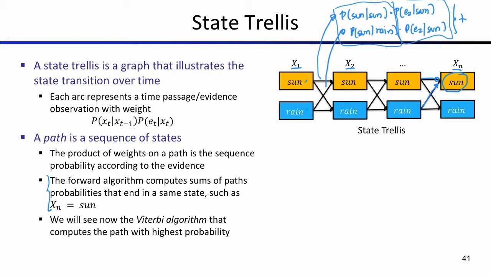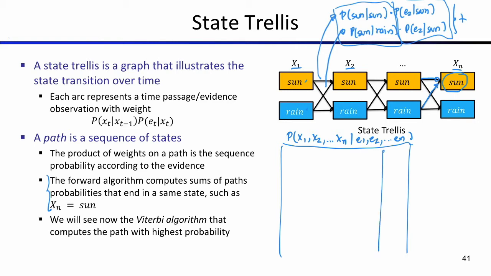If we use that same idea of computing the entire table, this table will have the probability of x1, x2 till xn given e1, e2 till en, so all the evidence that we have observed. So basically, for the forward algorithm, we have all the variables here until xn, and we have the probabilities here.